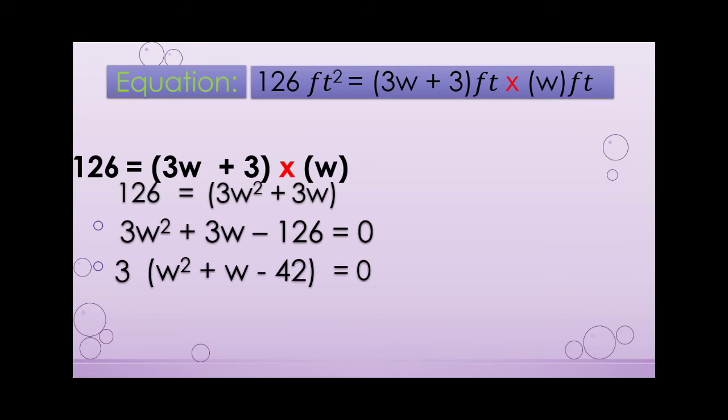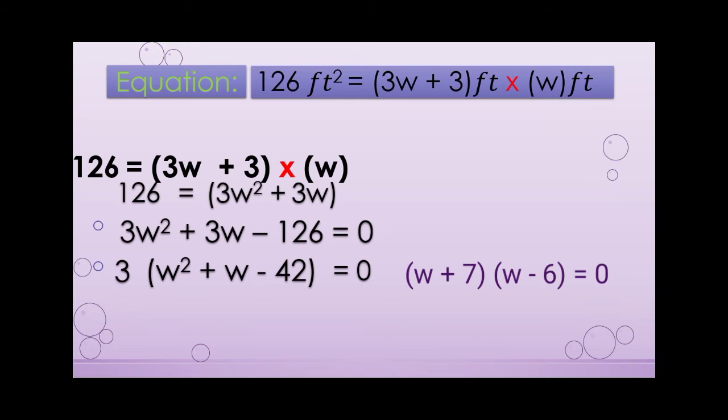So, what are the factors of negative 42 whose sum is positive 1? So, we have positive 7 and negative 6. And, i-add natin yan sa mga factors ng W squared. So, we have W plus 7 and W minus 6, and that is equal to 0.